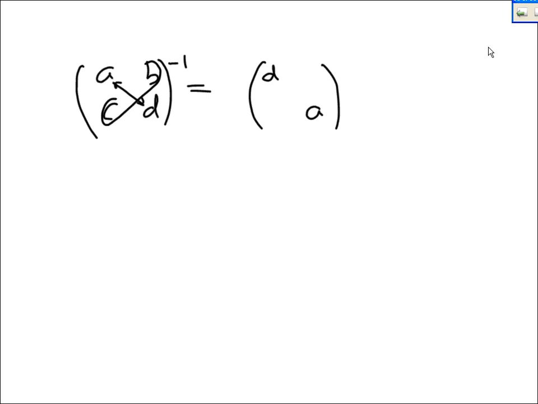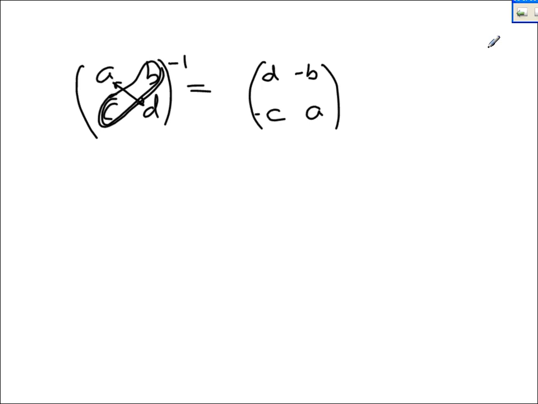You don't have to remember anything else: you interchange the main diagonal entries. The other diagonal, the minor one, the entries stay where they are, except you change the sign.